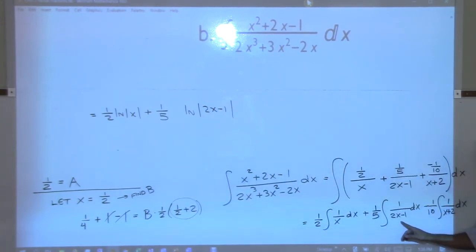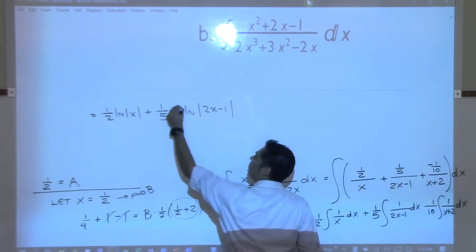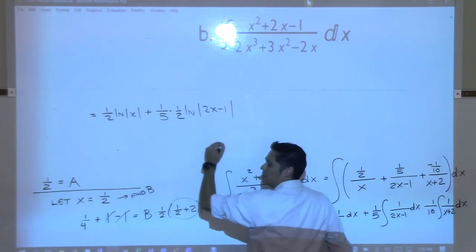But we're missing something. What am I missing? I need a 1/2 out front. So go back to last class. The antiderivative of constant over linear is ln of the bottom, but you always have to scale it. If there's a 2 here, we have to scale it. So there's actually a 1/2. That's why I left a space here. 1/2 natural log of that.